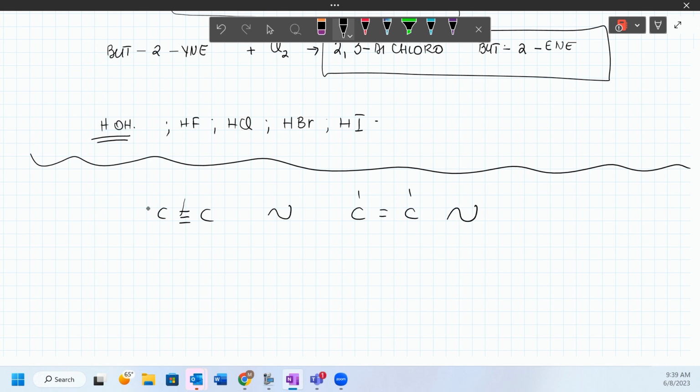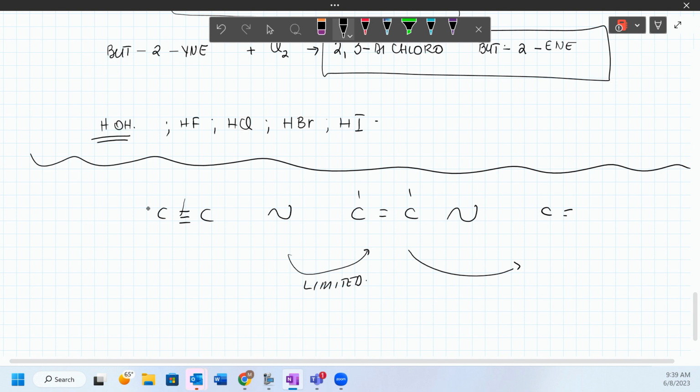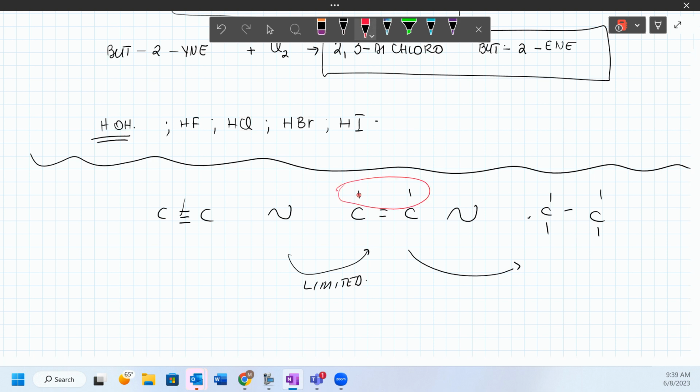This is what is happening when you have a limited amount, but when you have excess, it is saying that, okay, now we have 4 bonding capacities. So here we have 2 to place with, and here we have 2 and 2, 4 bonding capacity.